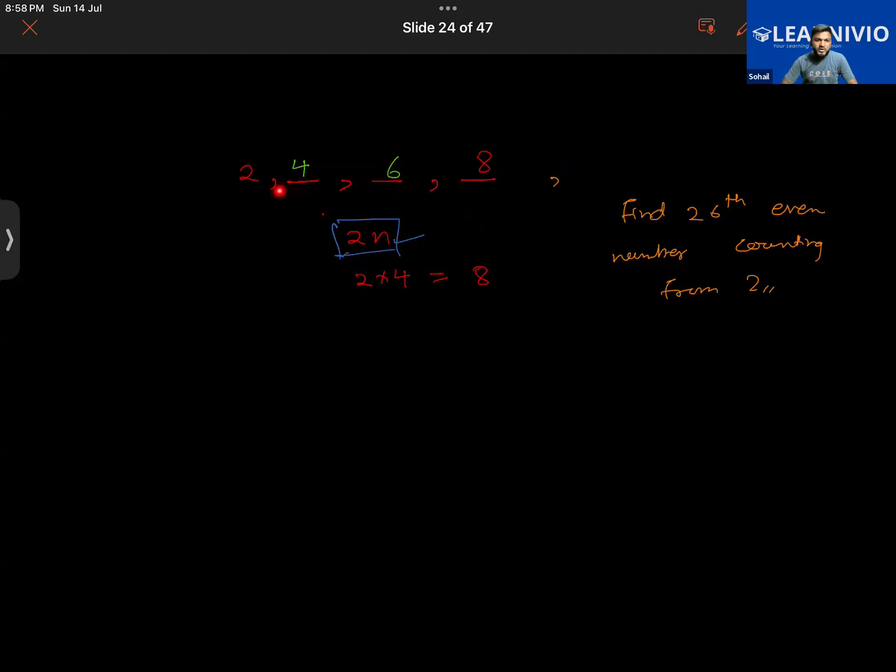Counting from 2: 1, 2, 3, and 4, that is the fourth even number counting from 2. Or if someone were to ask me to find the 26th even number counting from 2, I'd simply multiply 2 with 26 and get 52, like this. And here we have started the count from 2.